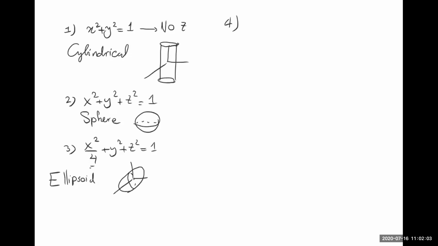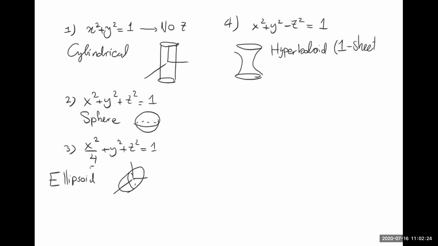The other thing we looked at was where one of them was negative, say z. x squared plus y squared minus z squared equals 1. It was a hyperboloid, one-sheeted. The next case was x squared plus y squared minus z squared equals 0. We get something like this.